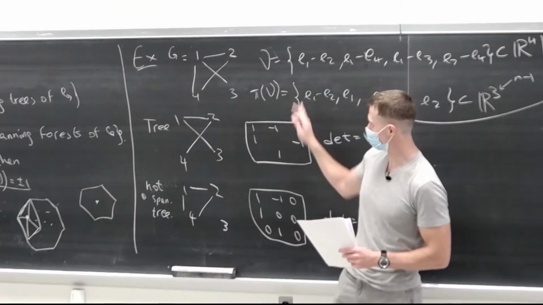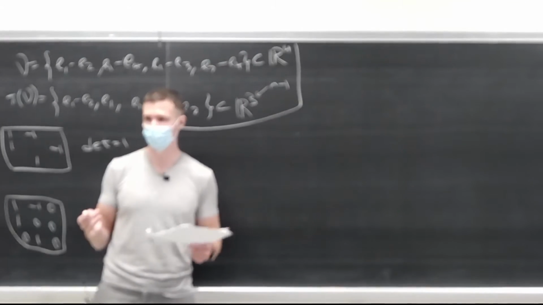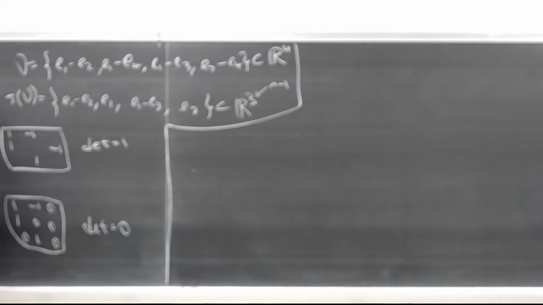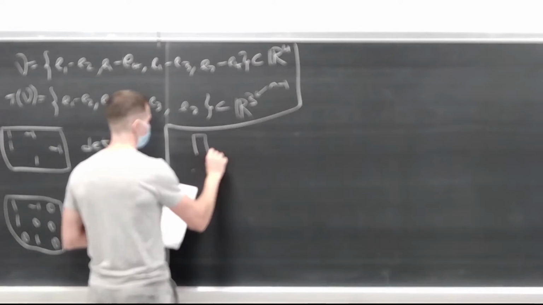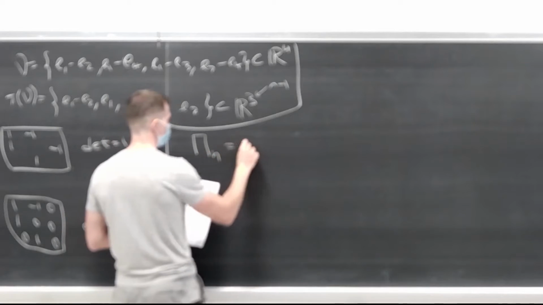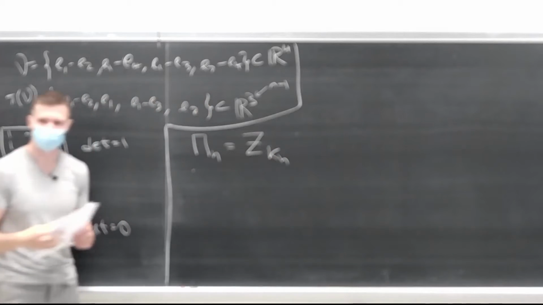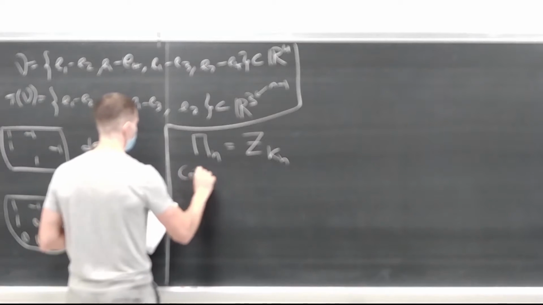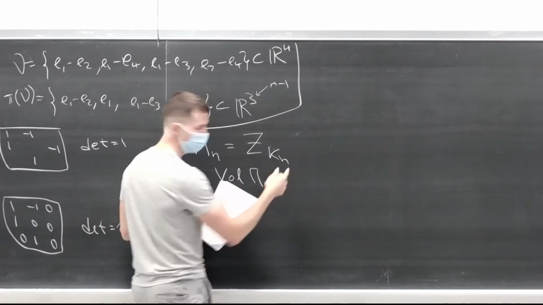Now that we are convinced that this works, let me, of course, mention the important corollary, which is the case of the permutahedron. Remember, the permutahedron is a special case of a graphical zonotope. For which graph? For Kn. So remember, the n minus 1 dimensional permutahedron is the graphical zonotope for the complete graph. And in particular, the volume of the permutahedron is what?